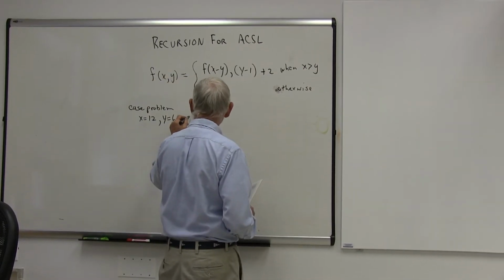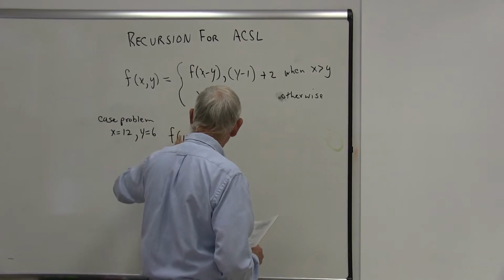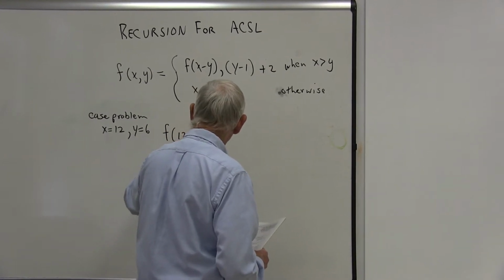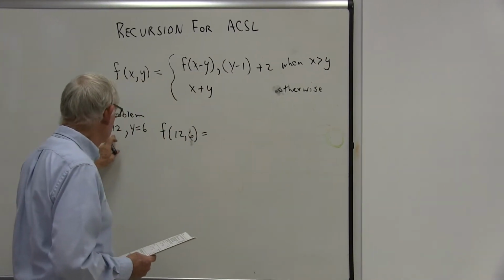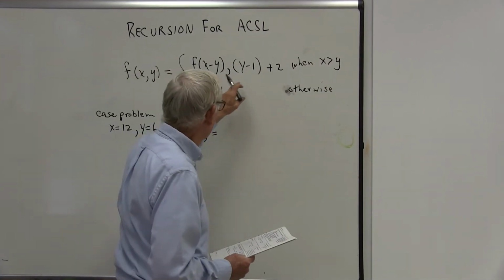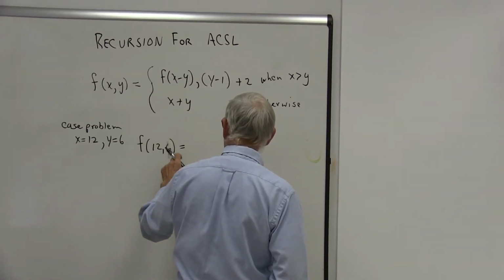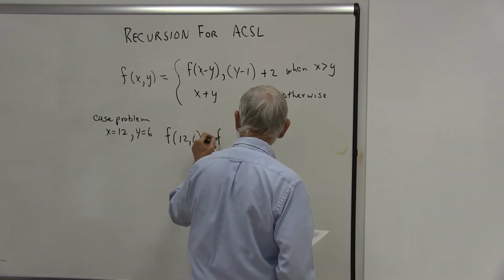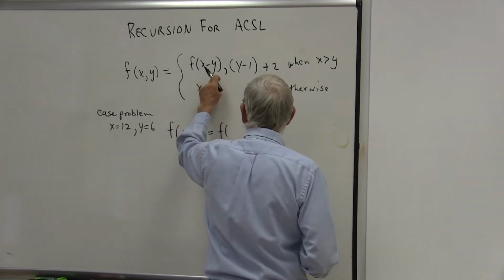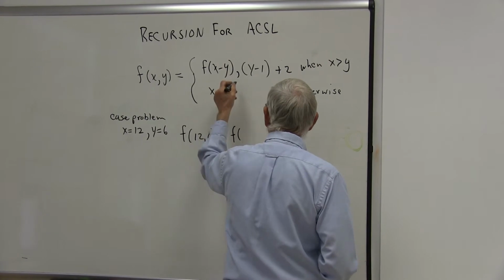So we would start substituting. We're going to say the function of 12, 6 is equal to, well, we see 12 is greater than 6. So therefore this case applies. What this is going to be then is a rewrite of what this function is. So this function will be x minus y, which is 12 minus 6. So 12 minus 6 is 6.